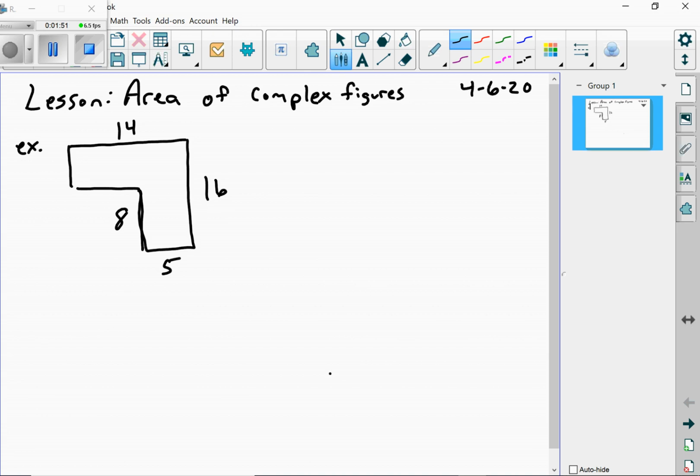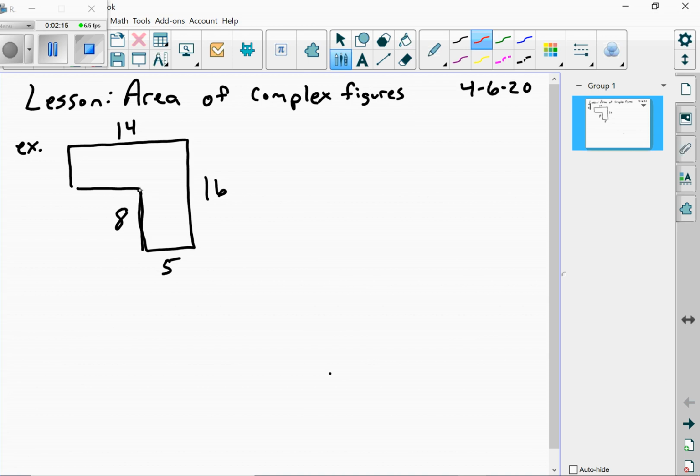Now the thing about these shapes is you're going to have to decide how you want to cut them apart. There's no formula for this shape. This shape looks like an upside down L, so you can't really find the area of it. So what we're going to have to do is cut it into shapes that we're familiar with. There's a lot of options here. I see 2 rectangles, and part of the problem here is just being able to figure out what you can see.